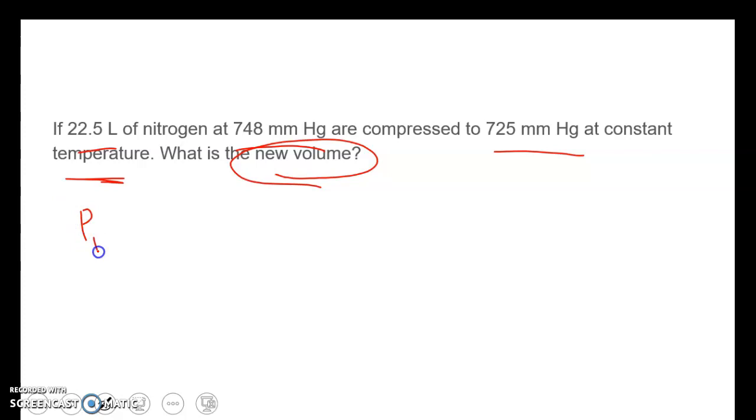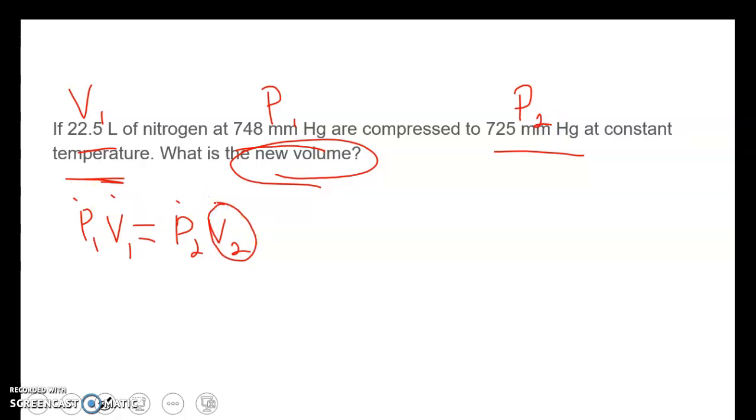So P1 times V1 equals P2 times V2. I'm starting here with this liter, so this is V1. This is my pressure I start with, so that's P1. And then this is my pressure I end with, P2. So I know P1, I know V1, and I know P2. I'm going to have to solve for V2.